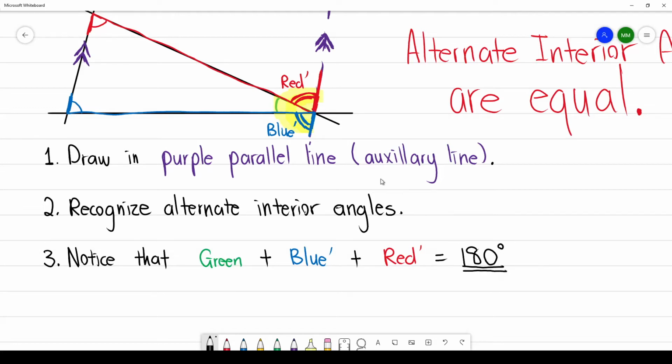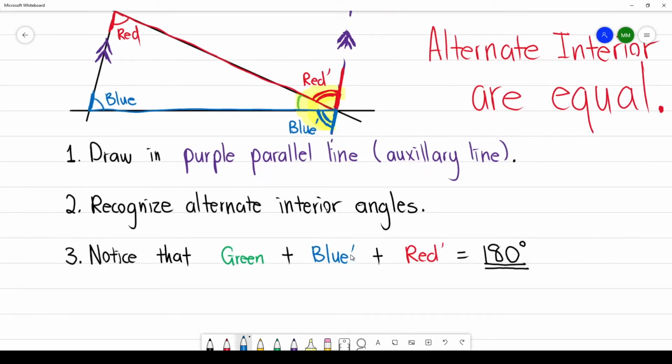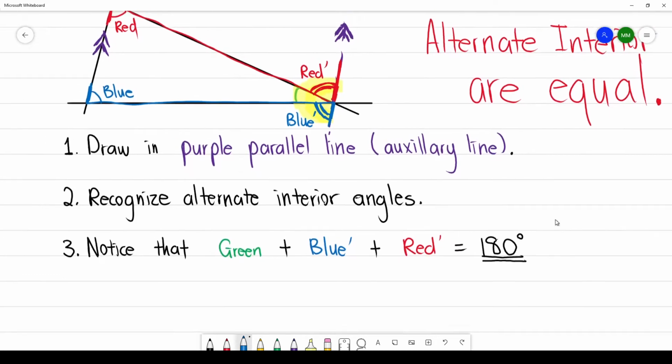Now these are the alternate interior angles. I don't care about red apostrophe and blue apostrophe. What I do care about is red and blue, just the original red and blue, right? So then, now you have green plus blue apostrophe plus red apostrophe is equal to 180 degrees.